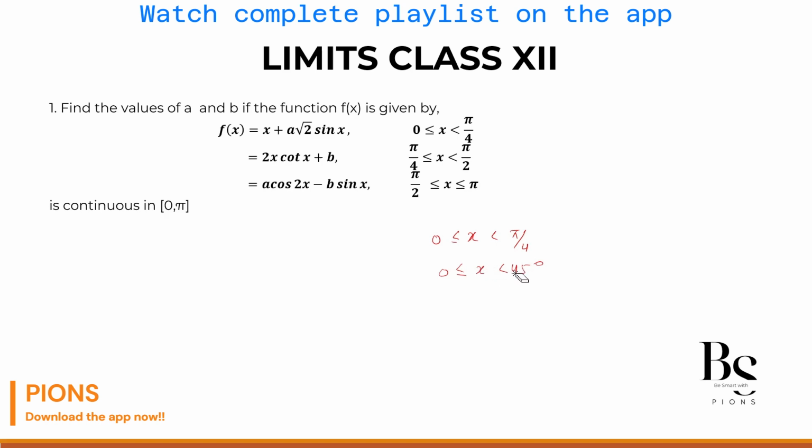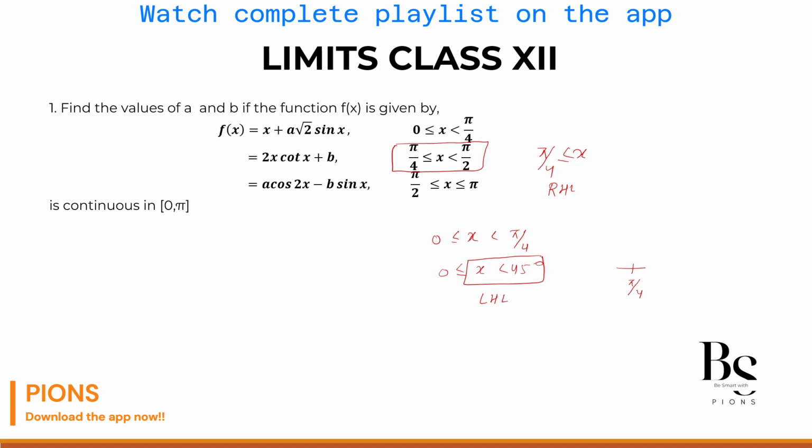Less than 45 means, sir, left hand side of pi by 4. This is the left hand limit of pi by 4, x less than pi by 4. While if you look at the second one here, x is greater than pi by 4. So this is a right hand limit of pi by 4.